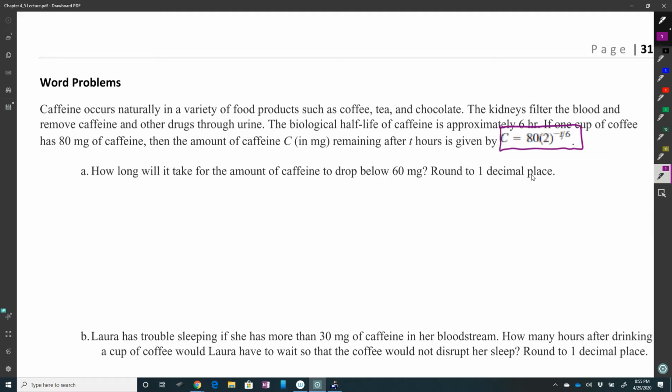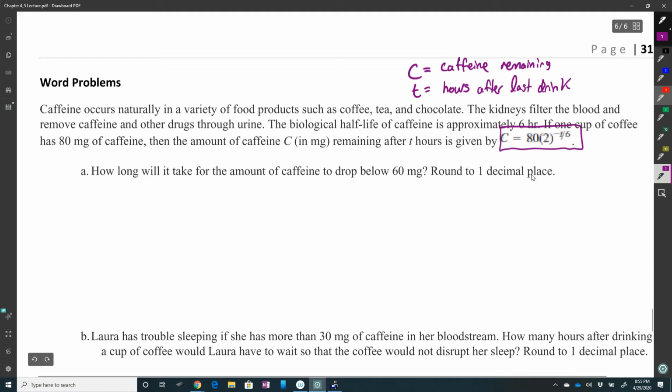And I know that C is equal to the amount of caffeine remaining, whereas T is equal to hours. That's all I need to know.